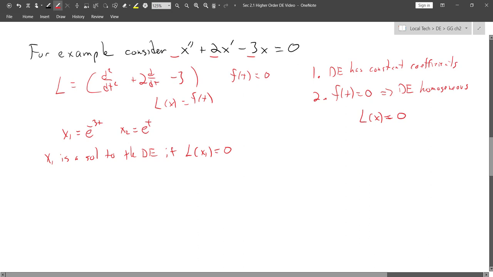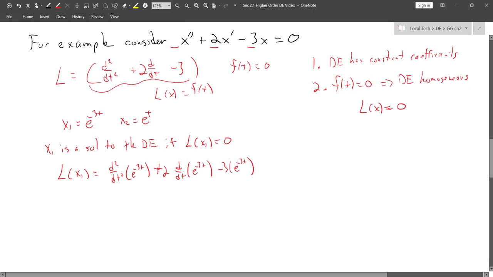So, using our notation, if I looked at L of x1, that would be me applying this operator to my function. I would have the second derivative of e to the negative 3t plus 2 times the derivative of e to the negative 3t minus 3 times e to the negative 3t. And our hope is that this is equal to 0, and now we'll calculate these values and see if it is.